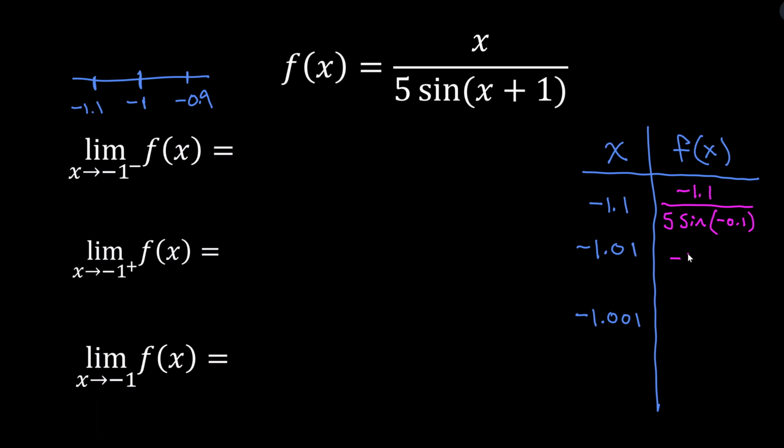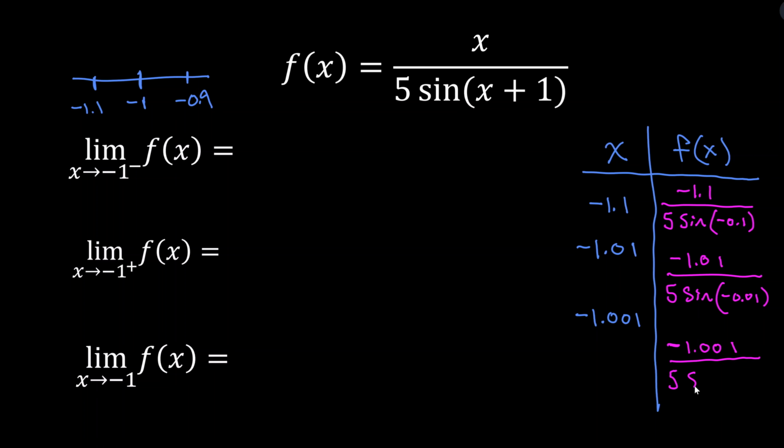So let's plug that in, -1.01. And the denominator, I have 5 times the sine of negative, let's see, what is this? 1.01 plus 1. So now it's just -0.01. All right, hopefully we're seeing the pattern. This time in the numerator, I'm going to have exactly what I plugged in, and the denominator, right, my decimal is going to shift one more time.